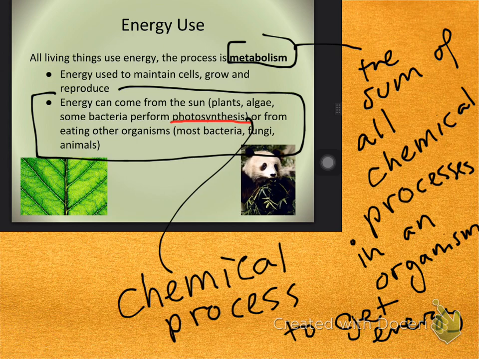Plants use it to get energy. And the three kinds of organisms, this is important, that use photosynthesis are plants, algae, and some bacteria. So you probably want to highlight that. The three kinds of organisms that can do photosynthesis are plants, algae, and some bacteria.